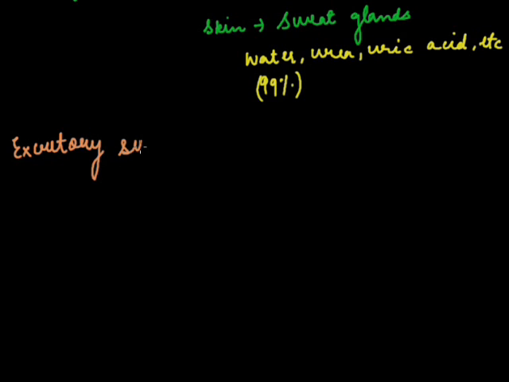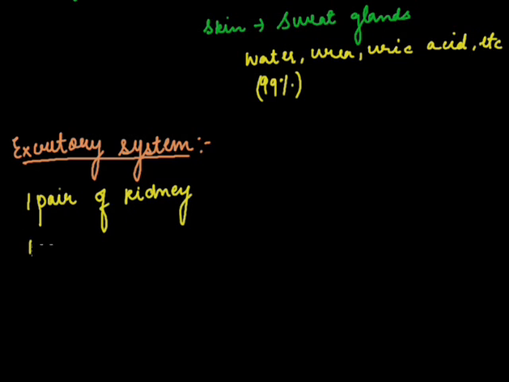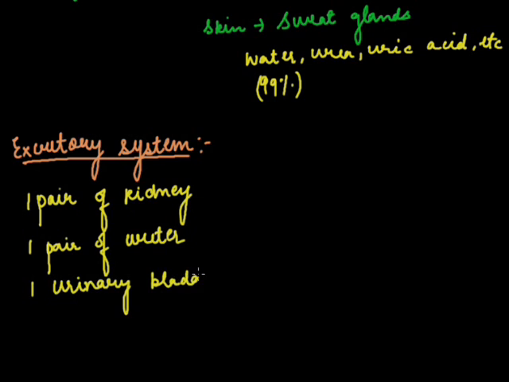The excretory system comprises one pair of kidneys, one pair of ureters, one urinary bladder and one urethra.